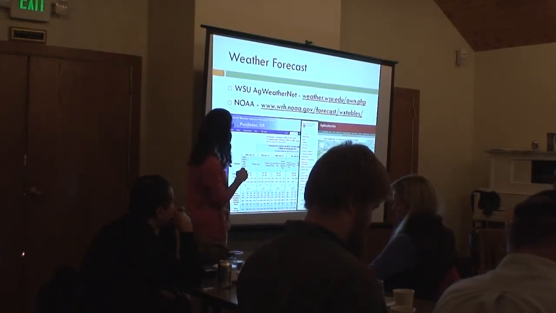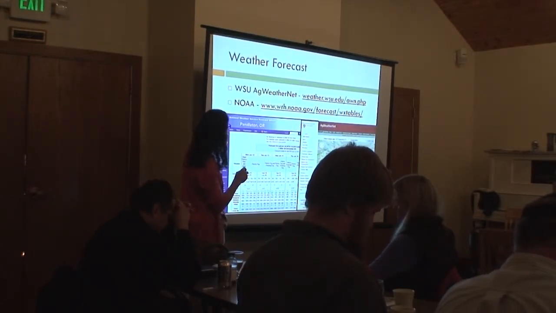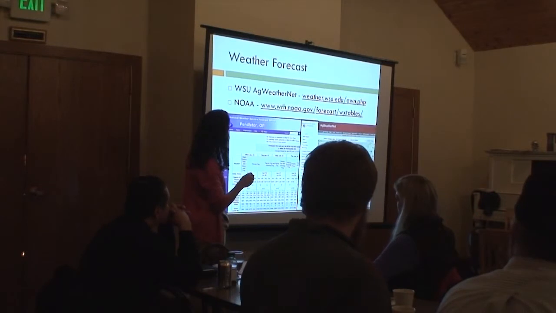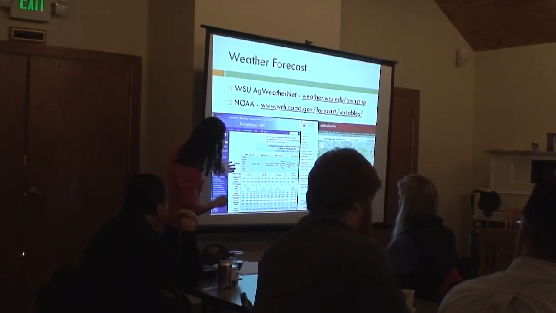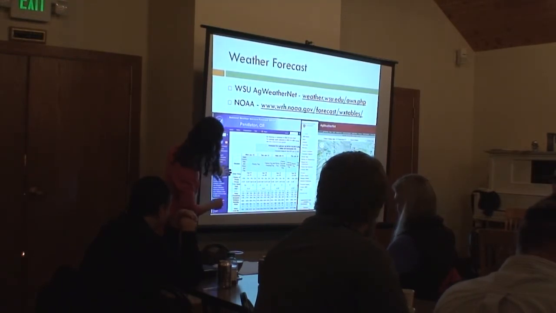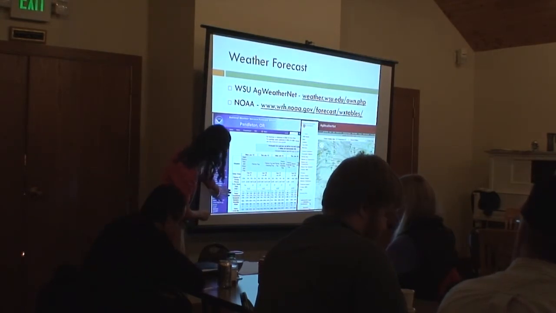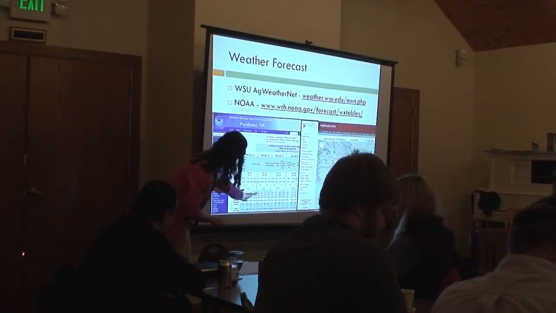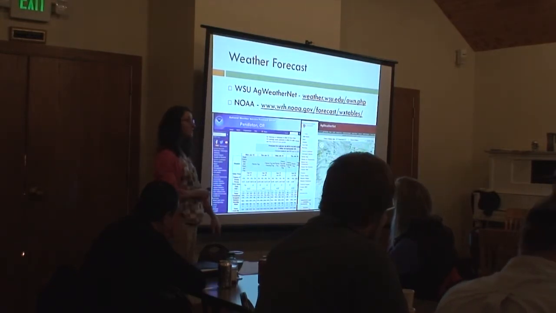If you want a great forecast, NOAA has this awesome one, and it's a little bit hard to find, but if you go to their regular website and scroll down to the bottom, you'll find something called WX Tables. It gives you about 5 to 6 days out: daily temperature, chance of precipitation, how much precipitation, all of this in 6-hour blocks by day, wind speed, snow level, a ton of information.